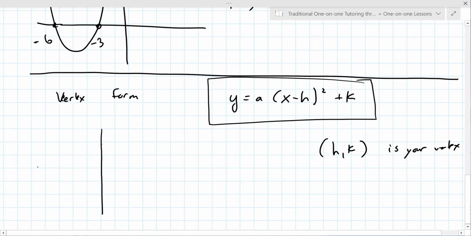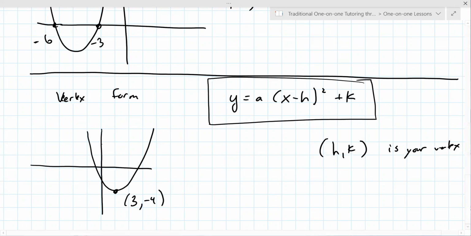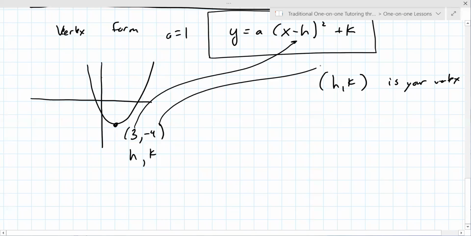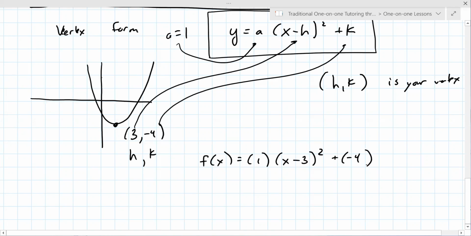Yes. All right, so let's say I give you a graph where the vertex is 3 comma minus 4. This is h and this is k, and a is going to equal 1 in all the examples we do. So you take these 2 values and you plug them in for h and for k, and then a is 1. So your f of x or your y is 1 times x minus 3 squared plus negative 4.